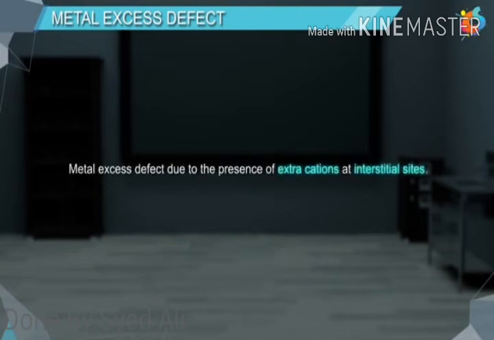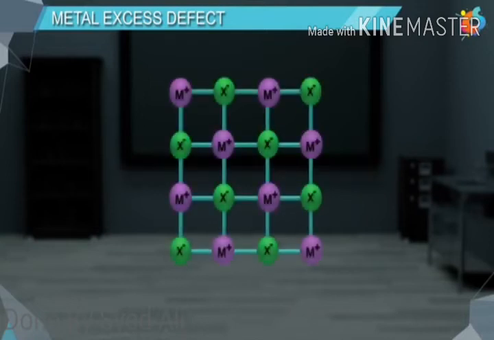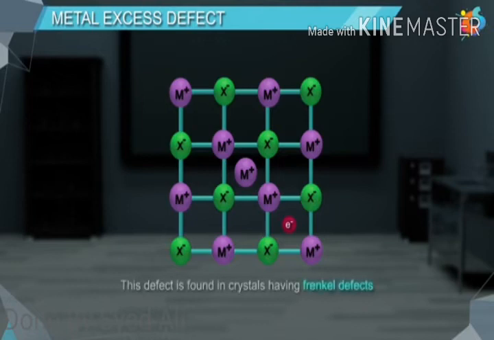Metal excess defect due to the presence of extra cations at interstitial sites. In this type of defect, metal excess is caused by an extra cation occupying the interstitial site to maintain electrical neutrality. An extra electron is also present in some other interstitial site.